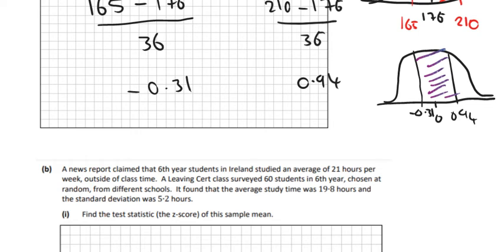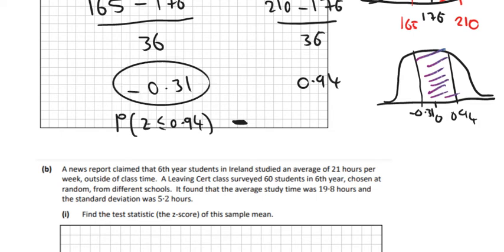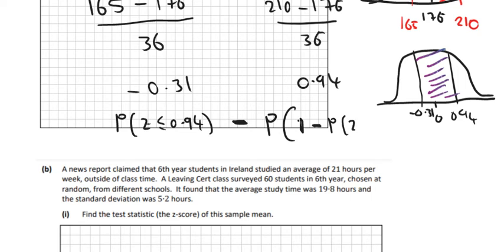So it'll be the probability of Z being less than or equal to 0.94, minus the probability for minus 0.31. But remember, you can't get a negative, so it'll be 1 minus the probability of Z being less than or equal to 0.31. We're just taking the minus out of it. It's the rest of it basically.